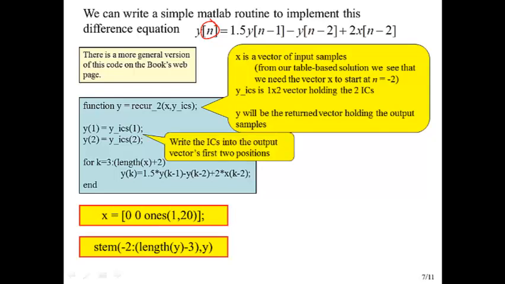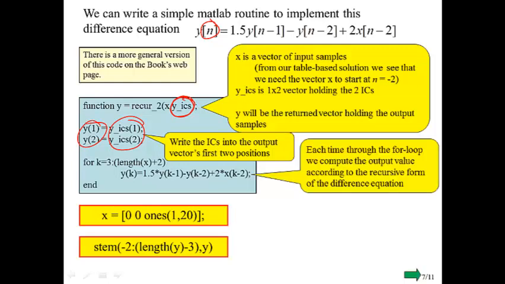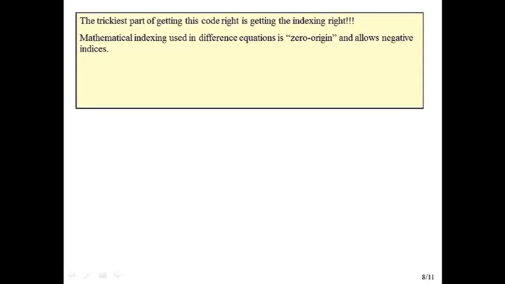This function just writes these initial conditions that are put in a vector, puts them into the first two elements of our output vector. And then each time through this loop, you just compute the output value using the difference equation. So as I was saying, the trickiest part of getting this code right is getting the indexing right.